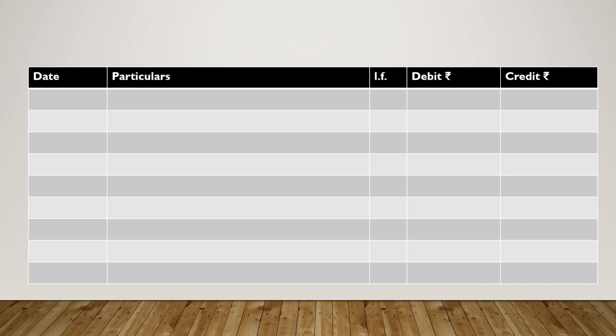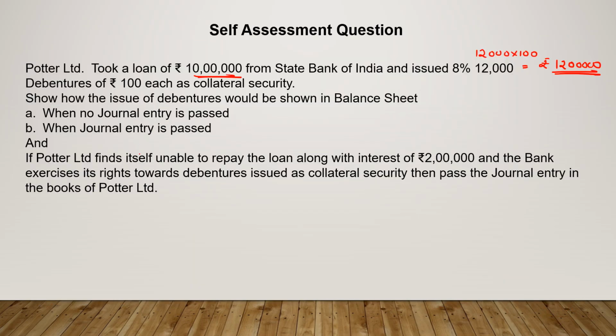Once that is done, next they have given us this particular situation that if it is unable to repay and the interest payable was 2 lakh. So there was a loan of 10 lakh and 2 lakh interest payable, and the bank has now exercised the right towards their debentures which is given as collateral security for 12 lakh.